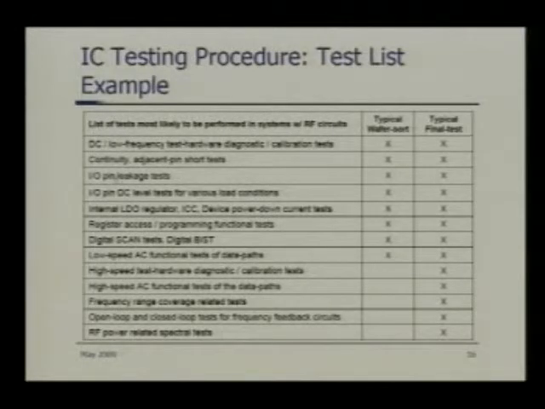So you would be doing your deep diagnostics first. Basically, you have to make sure one time that whatever test fixture you have got is working fine. After that, you will do the continuity and adjacent pin short test.